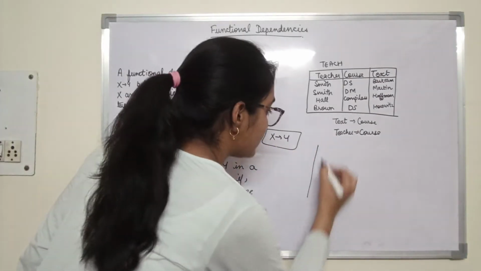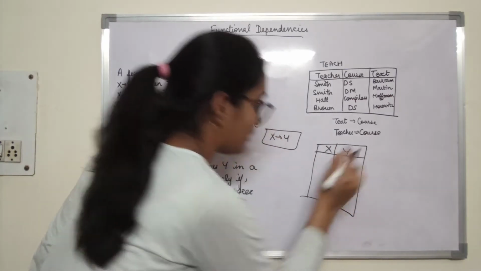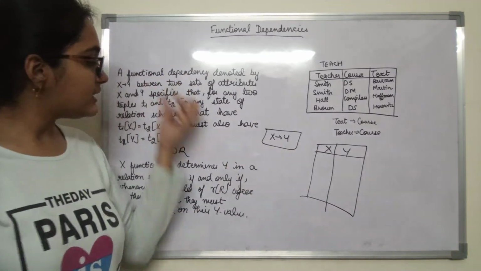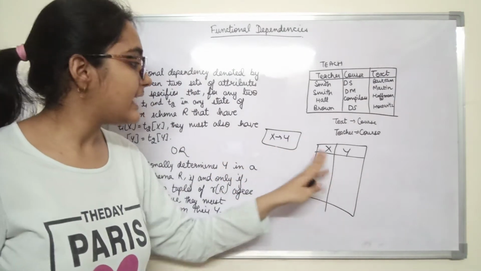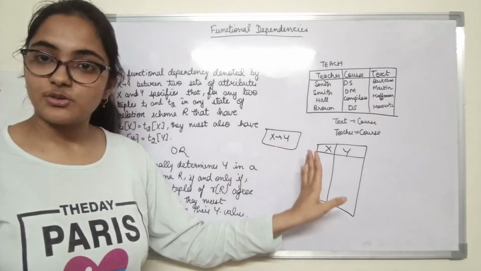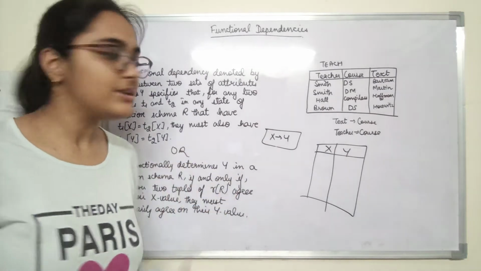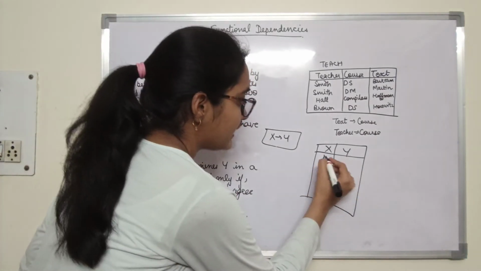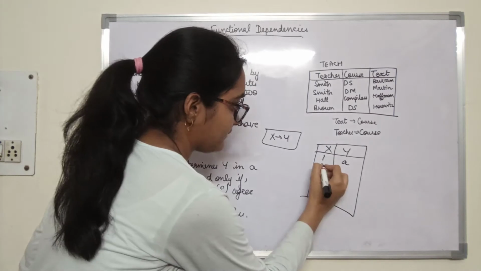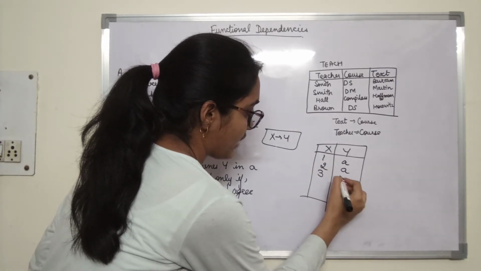So how is it possible? Here we are talking about two sets of attributes X and Y, but let us say X and Y are simply two attributes. What the functional dependency X determines Y states is, given the value of X, we can determine the value of Y. Let us say the given values are: X is 1, Y is a; X is 2, Y is a; X is 3, Y is b.